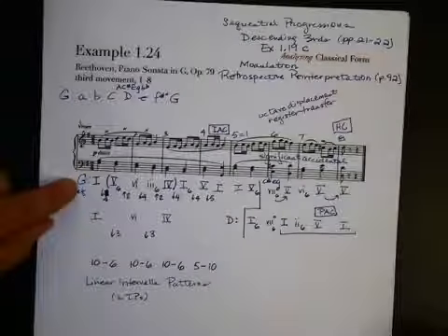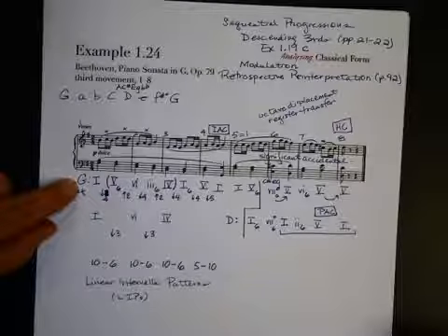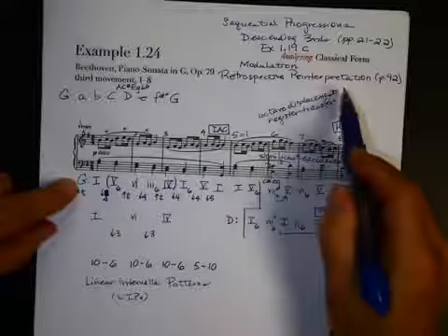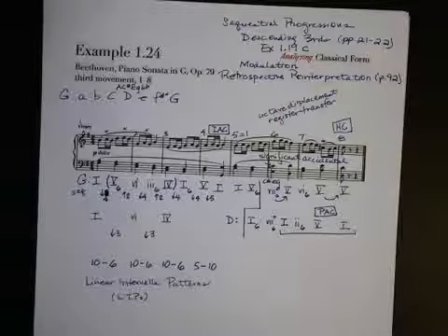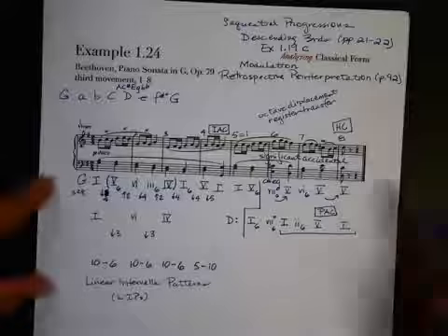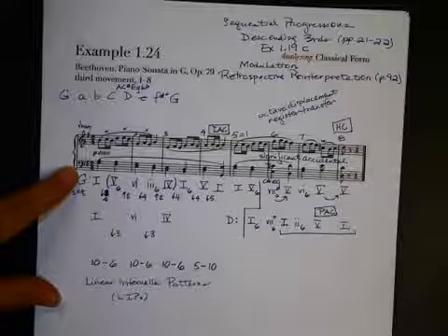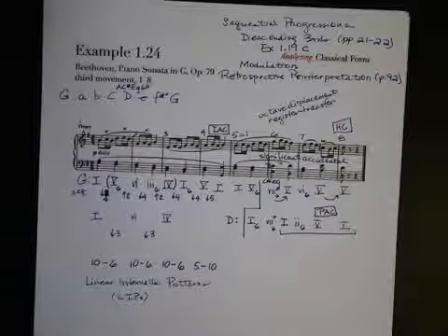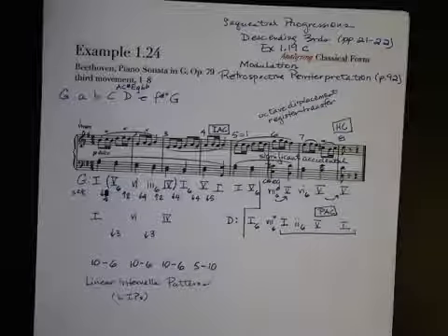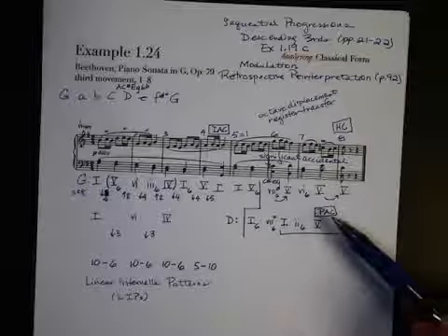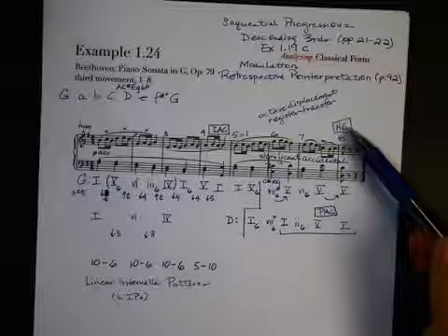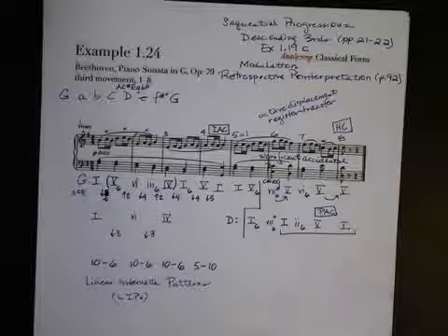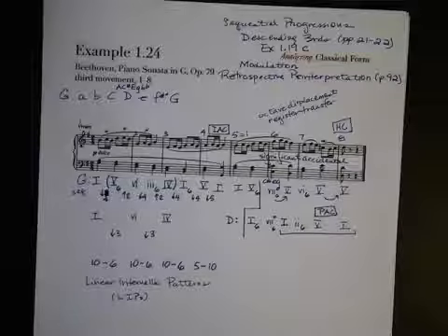Retrospective means not in the moment, but after the fact. So if you were to continue listening, it would be after hearing measure 9 and moving forward that you would retrospectively reinterpret the modulation, the perfect authentic cadence in D major, as really a half cadence in G major. We'll study more about retrospective reinterpretation as we move into chapters 2 and 3 and beyond.